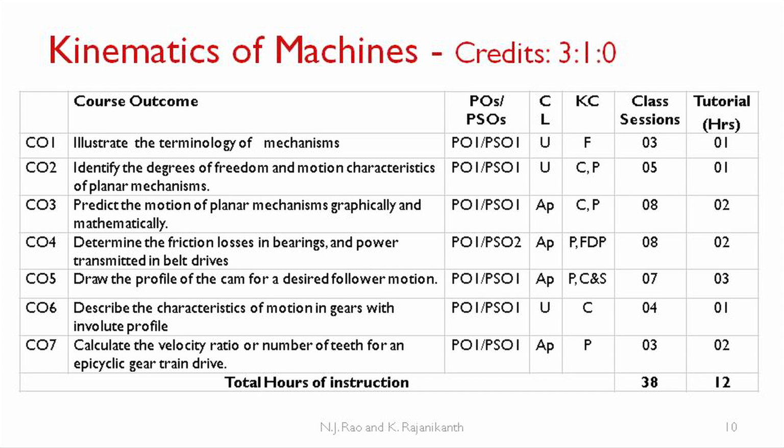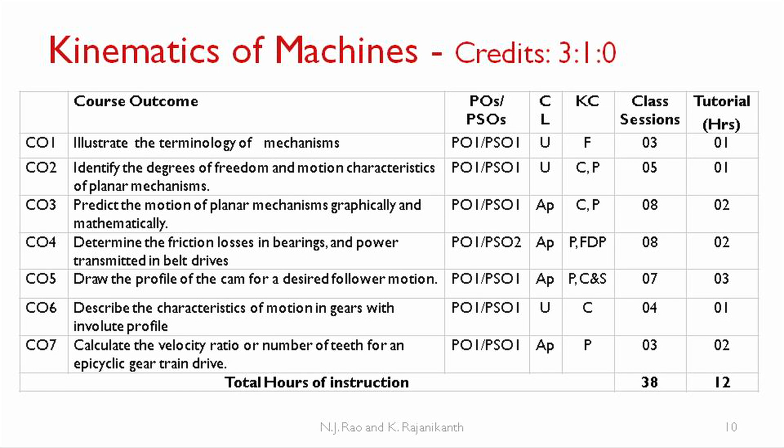Then it gets mapped to PO1 and PSO1. The cognitive level, CL indicates cognitive level, is at understand level, and KC is knowledge category. This is factual knowledge. So that is how we do the mapping.